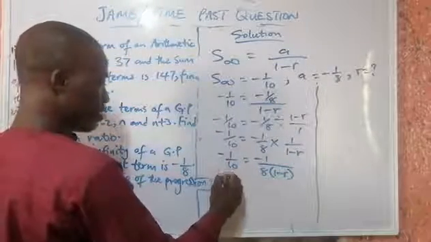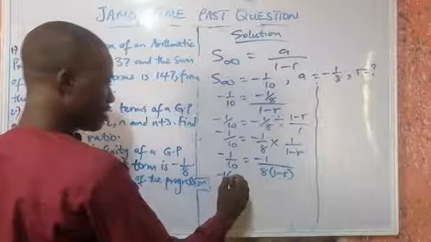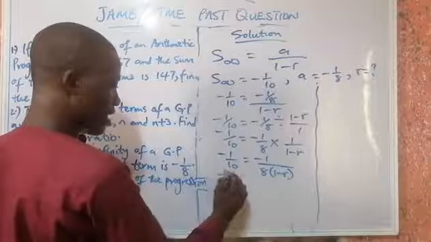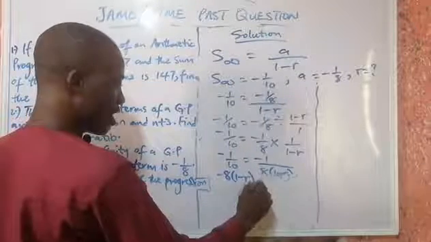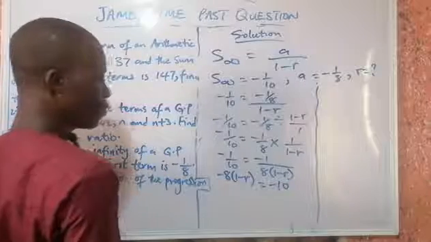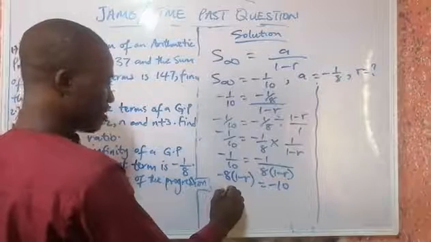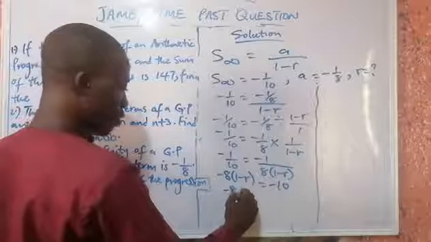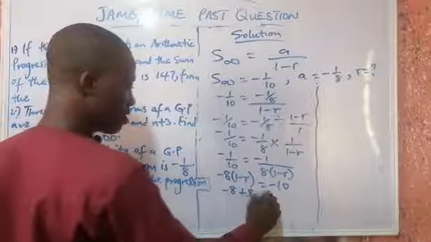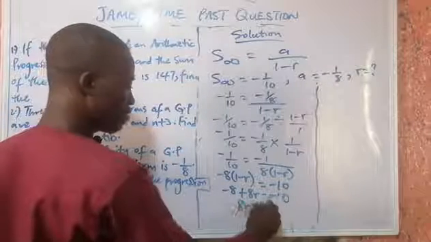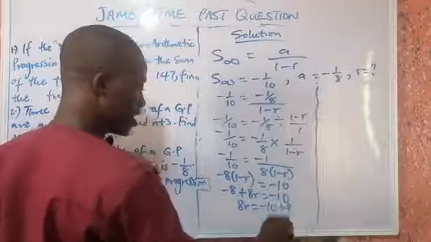That will give me minus 1 times 8, that will be minus 8 bracket 1 minus R equals 10 times minus 1 will give me minus 10. Okay, so I can now say that I have, open the bracket, minus 8 plus 8R equals minus 10. So 8R equals minus 10 plus 8.